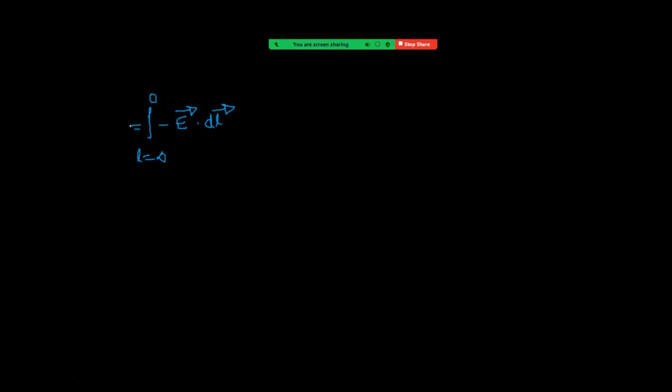This is nothing but the potential difference delta V, or I can say potential at the center of the ring minus potential at infinity. We know that at the center the potential is kq by r, and the potential at infinity is 0.